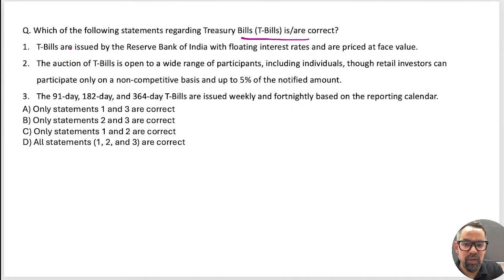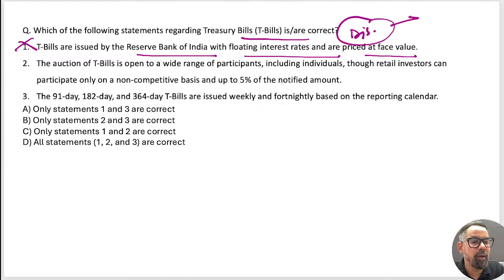The treasury bills are issued by the Reserve Bank of India with a floating interest rate and priced at face value. The first statement itself is wrong. Treasury bills are generally issued at a discount and redeemed at par value, also known as face value.